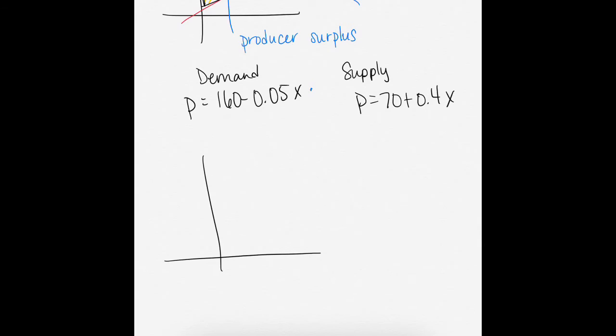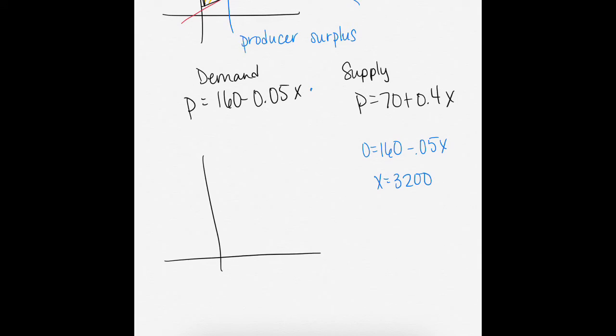So this guy right here is 160 minus 0.05x. Let me figure out where it crosses the x-axis. I'm going to plug in 0 for P. So 0 equals 160 minus 0.05x. And solving for that, 160 divided by 0.05, that's going to be 3,200. X will be 3,200.